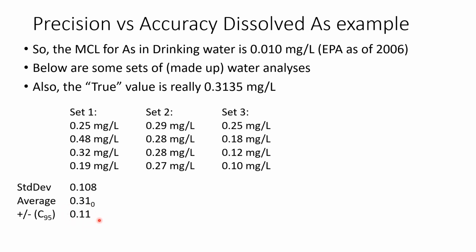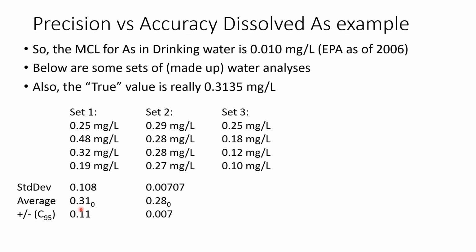So that's set 1. Let's see, what do we have here? Those are our different values for set 1. Now set 2 looks like their values are closer together, right? So look at what it did to the standard deviation. It's a much lower standard deviation and plus minus. The average is in a different place also. So let's look at that.